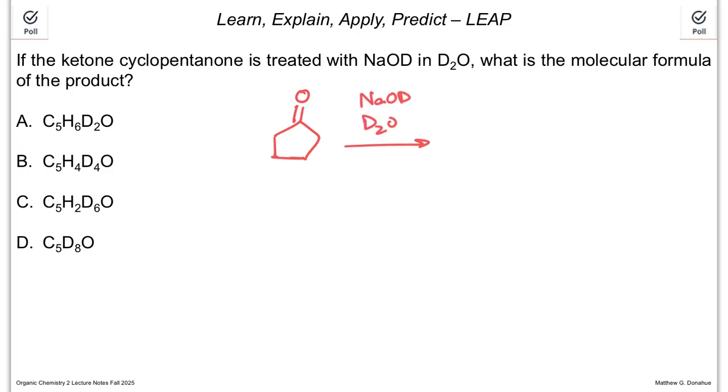So first question, what's the molecular formula of cyclopentanone? So we have C5H8 and then oxygen.